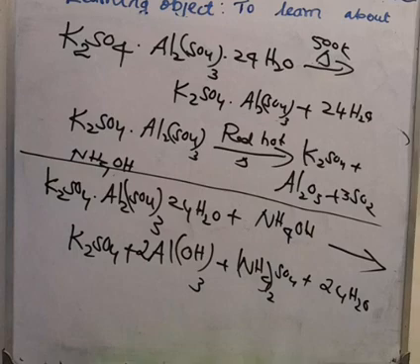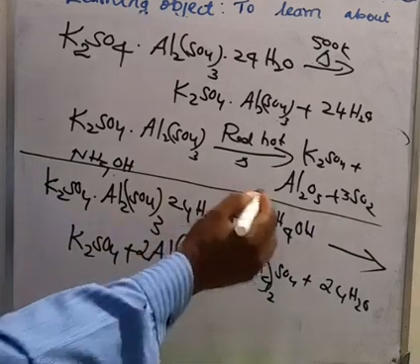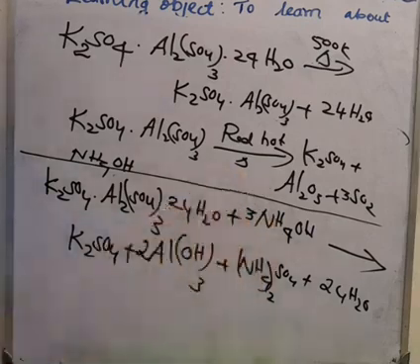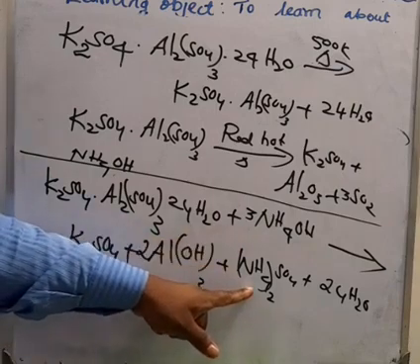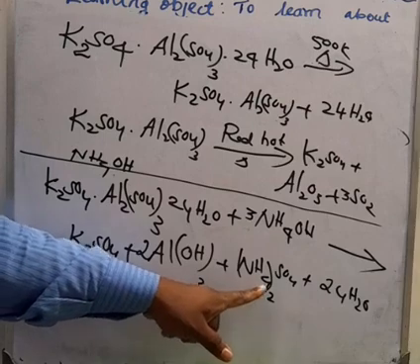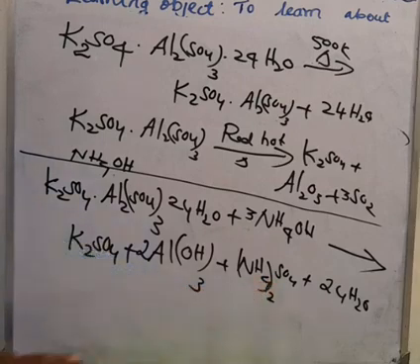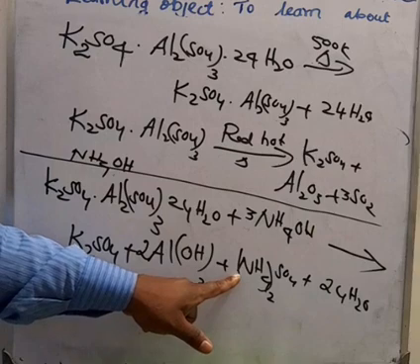Next, about ammonium sulfate. What's the formula of ammonium sulfate? (NH4)2SO4. So make it 3 here, so sulfate is 3 there also.